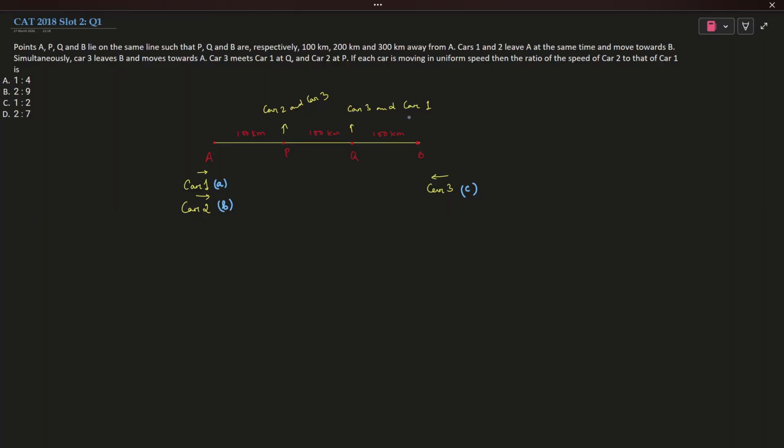For when car 3 and car 1 reach point Q, the time will be constant.